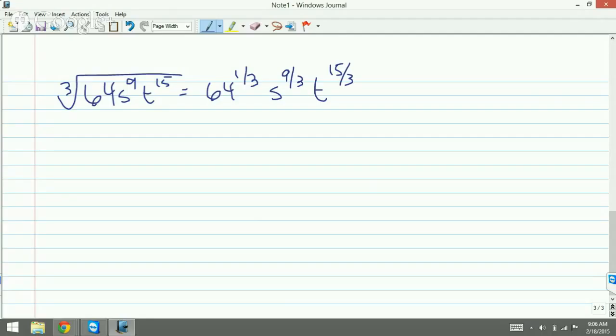The cube root of 64 we've established as 4 S cubed T to the 5th. Right? Oh, 12. Let's try another one.